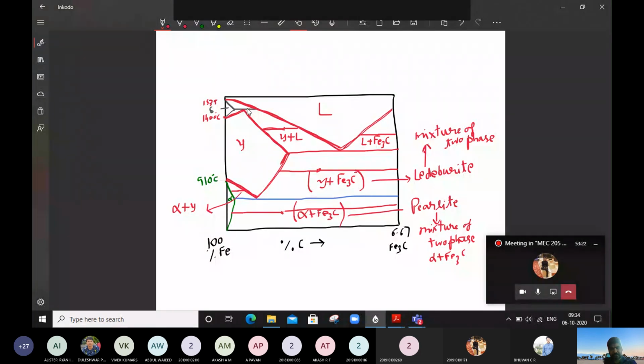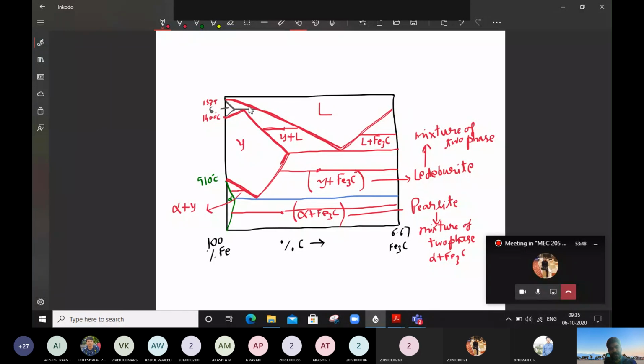Region. Okay, so who will tell? Yes, what are the phases present in this region? If you can see the cursor, tell me what will be the phases present in this region.